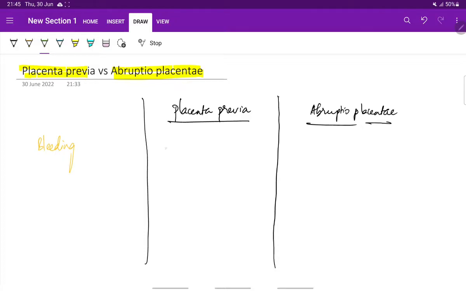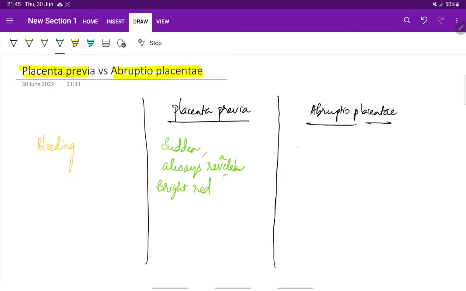Bleeding in case of placenta previa is sudden in onset and it is always revealed. That is, it always comes out, there will be bleeding per vaginum and it is bright red in color.